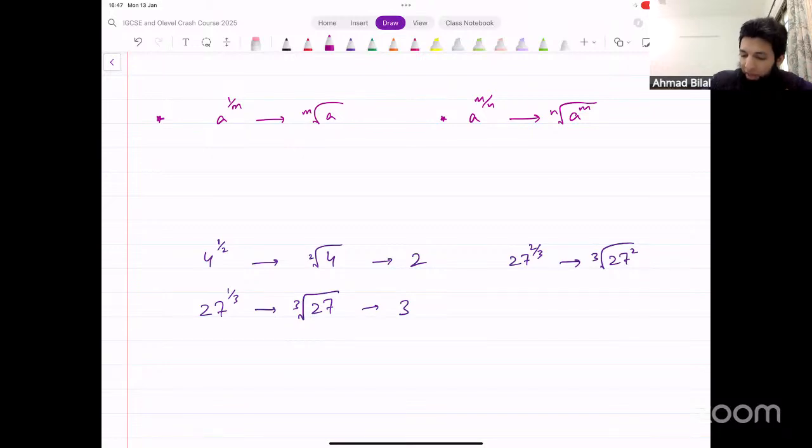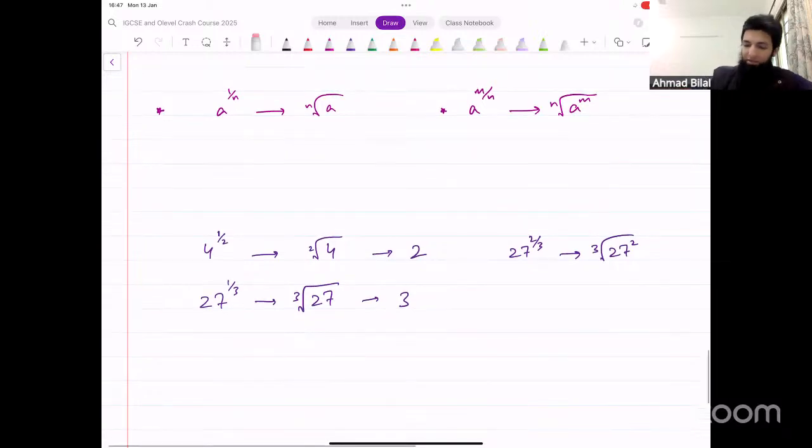So the denominator of the power becomes the root, and the numerator comes as a power here. Generally we use n for the root, but it doesn't really matter. Whatever is in the denominator goes outside and becomes the root there. Does that make sense?